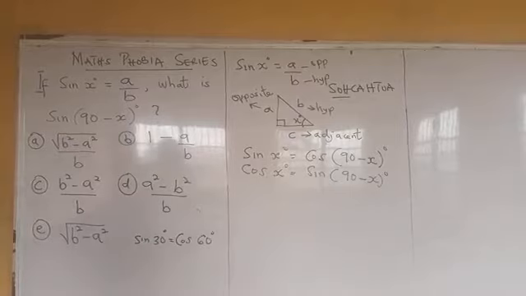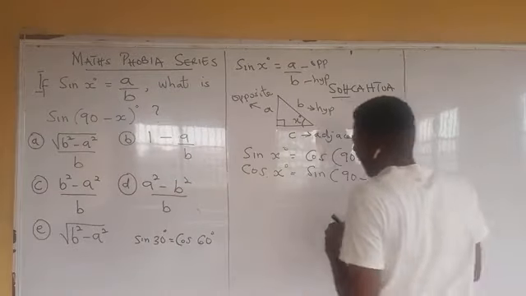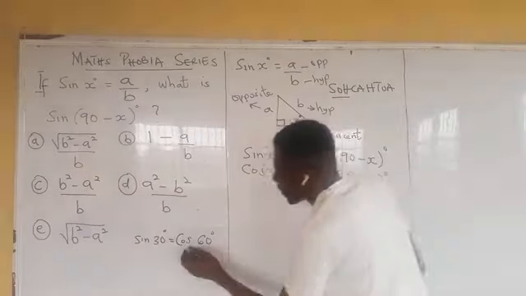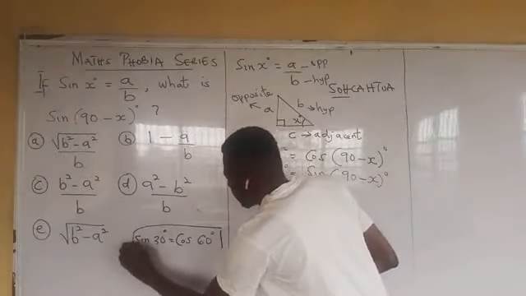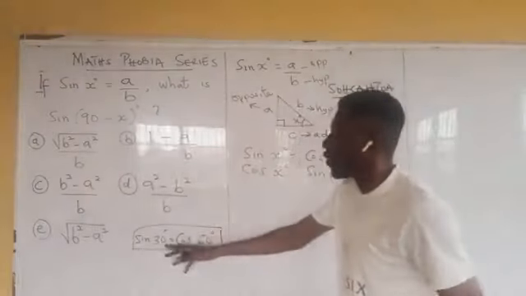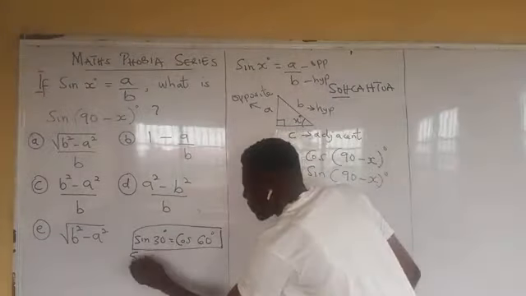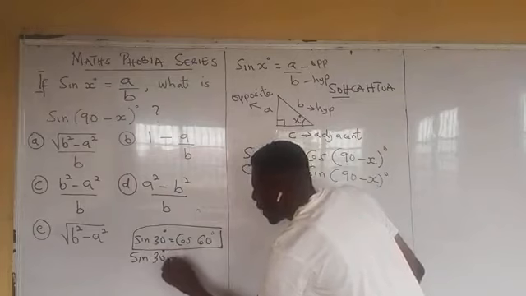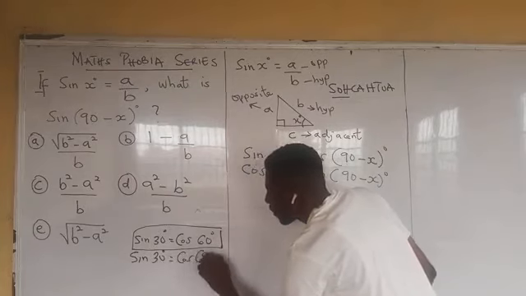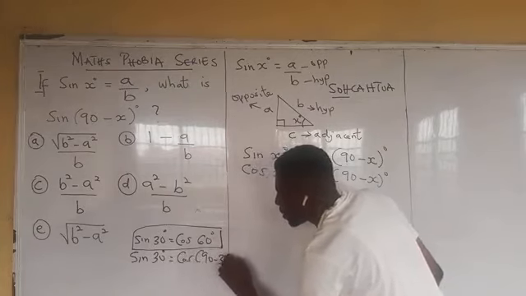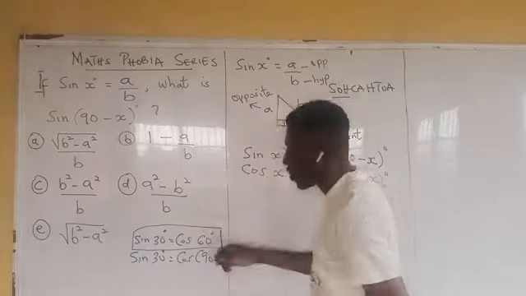So what this means is that if I write sine 30 for instance, sine 30 is the same as cosine of 90 minus 30, which is 60 degrees.